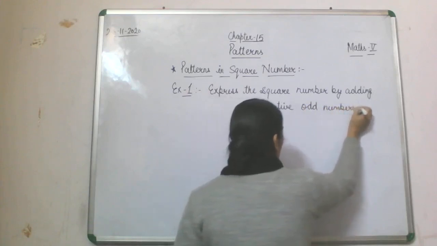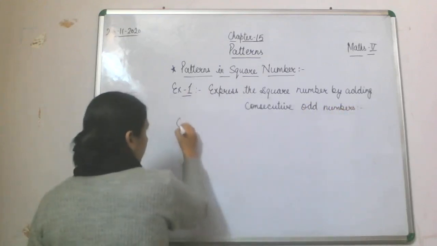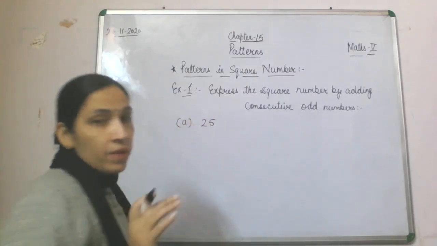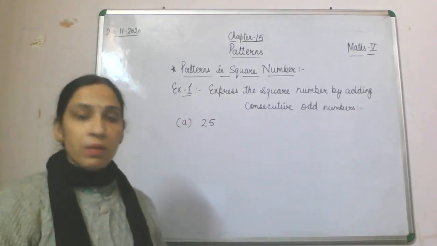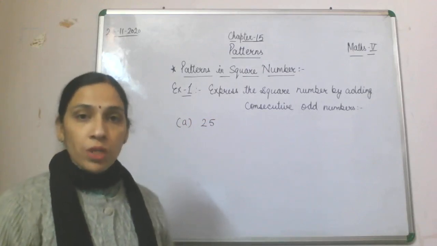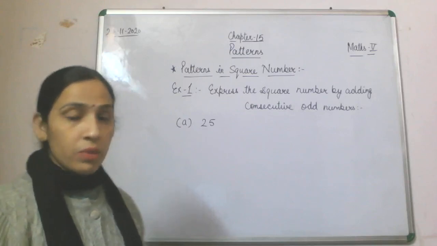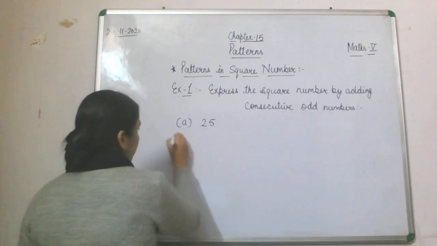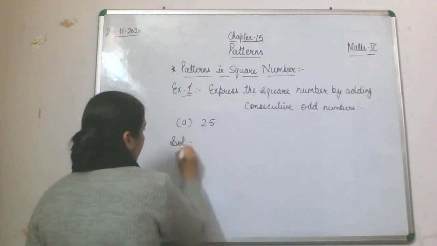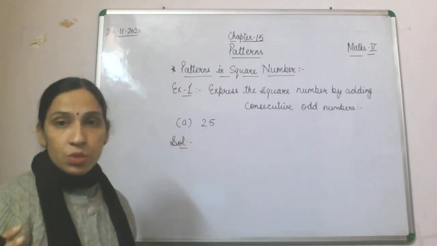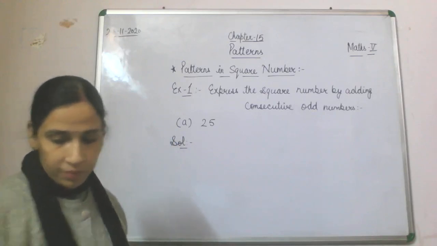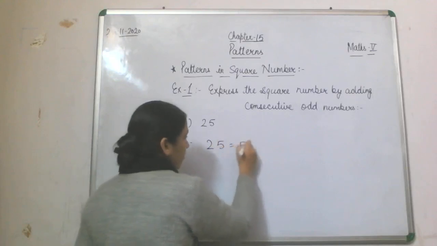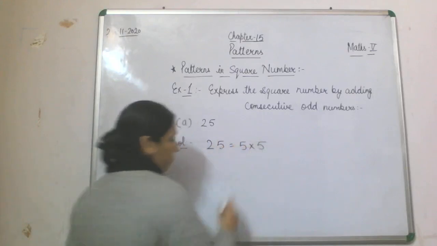I am going to add consecutive odd numbers, which means, see, if we have 25, we will get 25 by multiplying 5 by 5. So we are going to add the first 5 odd numbers to get this number, 25. So we'll do the solution here. The first line: 25 is the square of 5. How will we get 25? 25 we will get by 5 multiplied by 5.